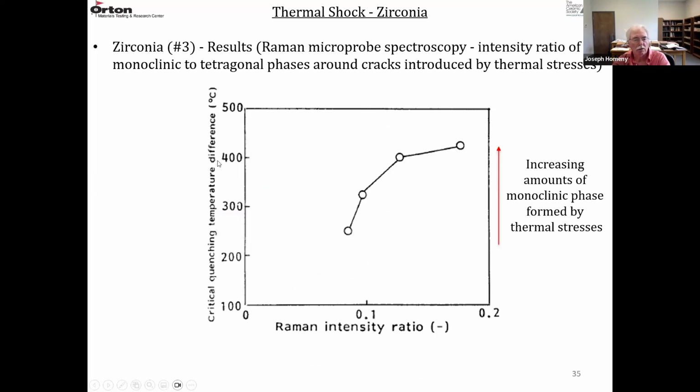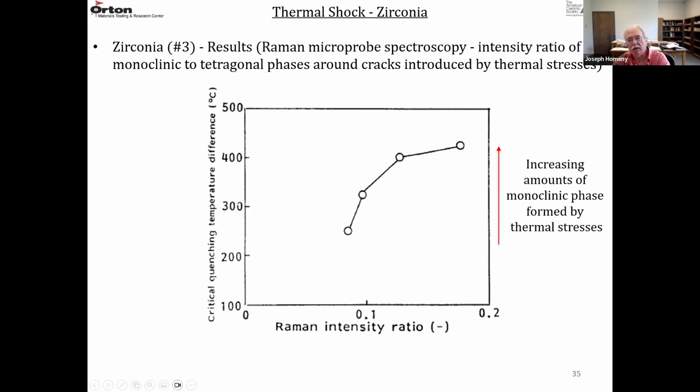So this is the critical quenching temperature, and this is the intensity of those peaks. So increasing amounts of monoclinic phases formed by the thermal stresses gives you your higher delta T.